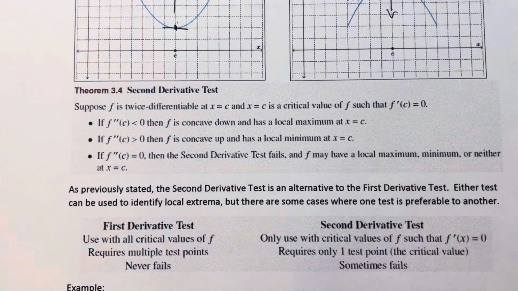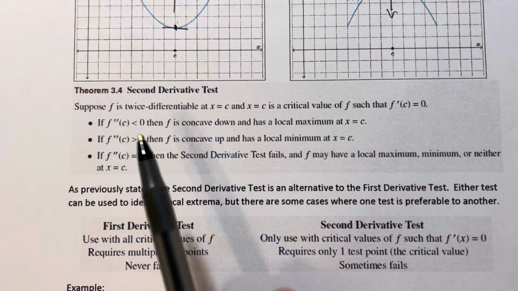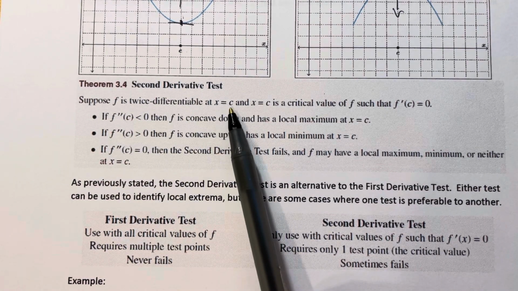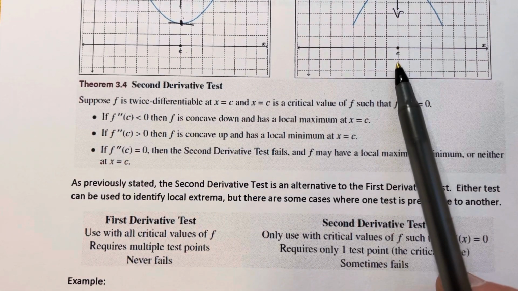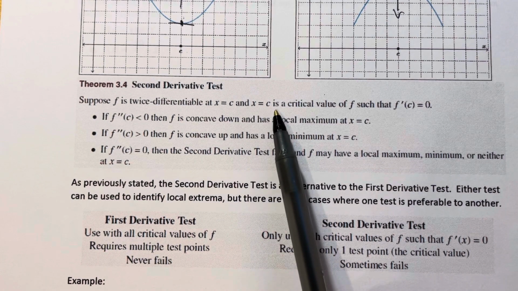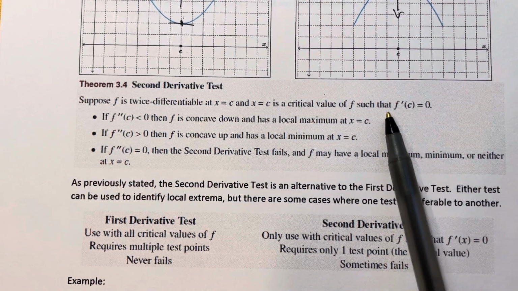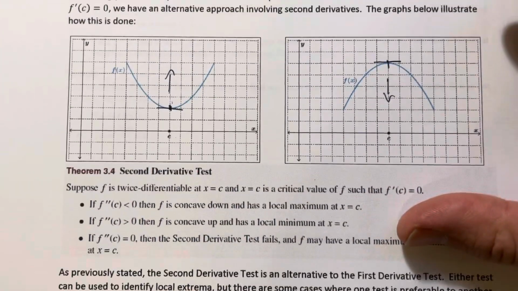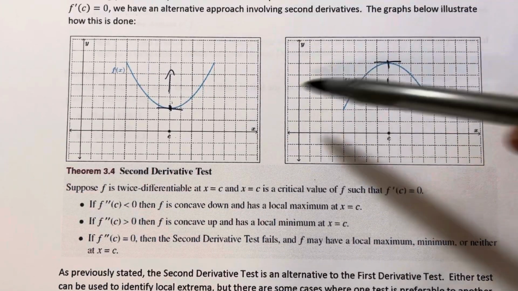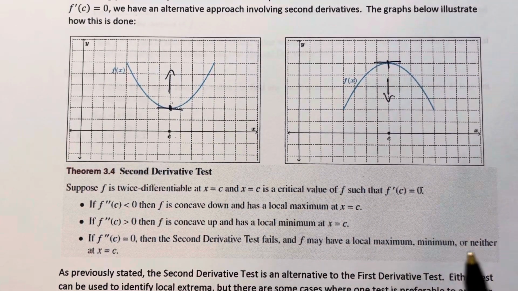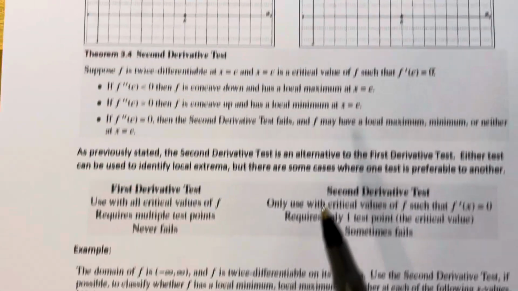Here we are summarizing this test that I'm talking about here. Suppose f is twice differentiable at x equals c, that's the value that was showing up here. And suppose x equals c is a critical value of f such that f prime of c equals 0. So we're specifically looking at the type of critical value where our derivative is equal to 0. That's one of these two cases generally.